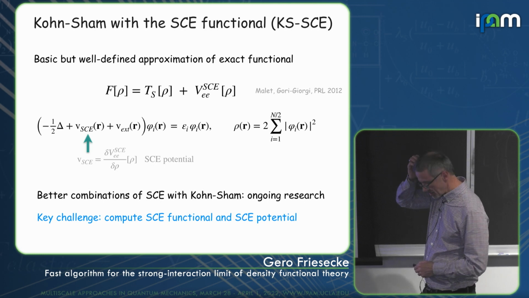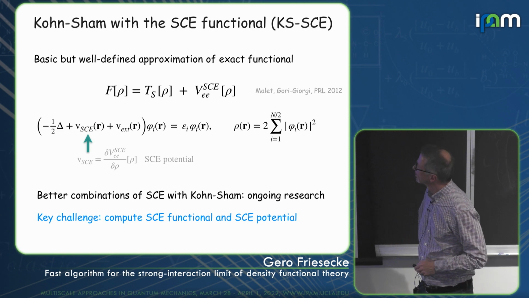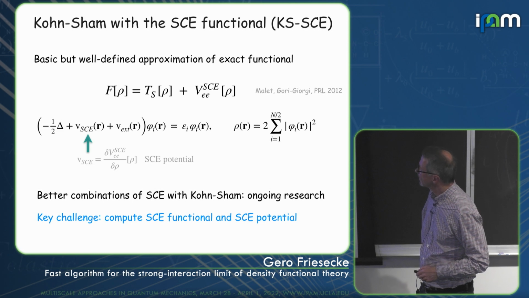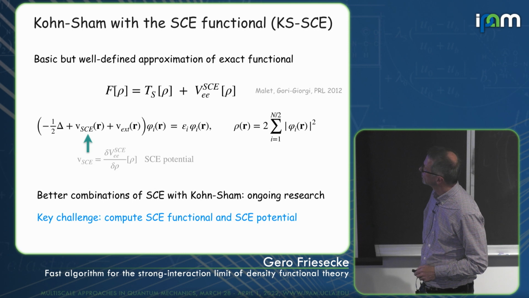I'm writing down here the closed-shell case for simplicity, so twice the sum of the squared orbitals. Part of the challenge, when you want to implement this, is that you need a way of computing this potential.